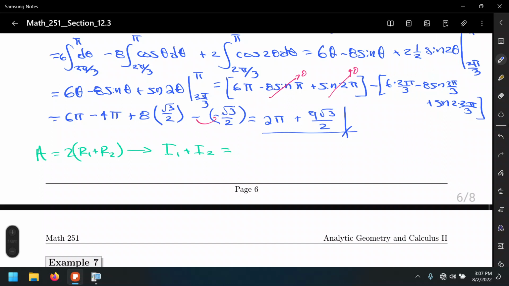For I1 we got 3 pi minus 9 root of 3 over 2 plus the value of I2, which in this case is 2 pi plus 9 root of 3 over 2. And the good thing here, cancel those numbers, 3 pi plus 2 pi. Isn't that the final answer?